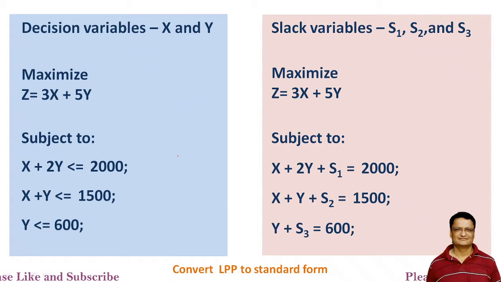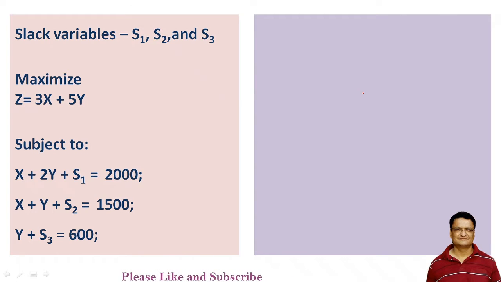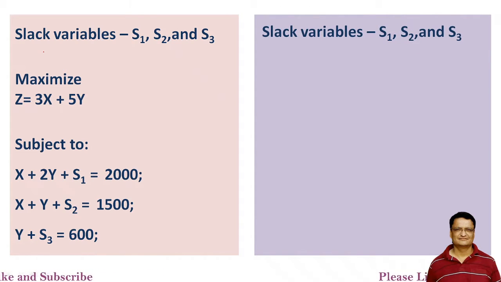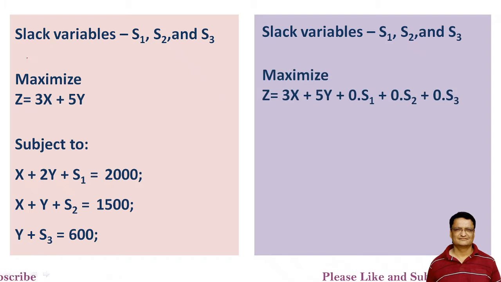Now I need to convert this linear programming model into standard form so that we can create the tableau. This is the one that we have updated right now. I will keep the slack variables the same. Can I write this objective function in terms of s1, s2 and s3?